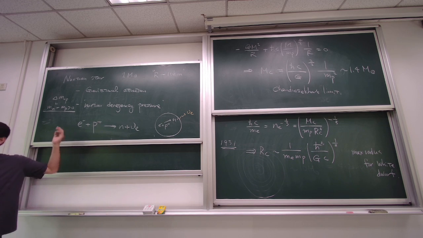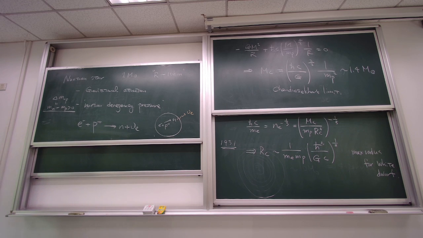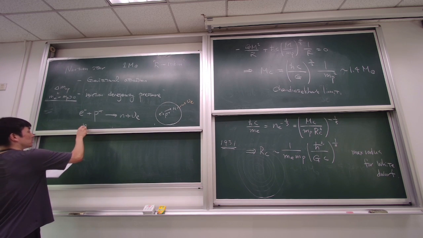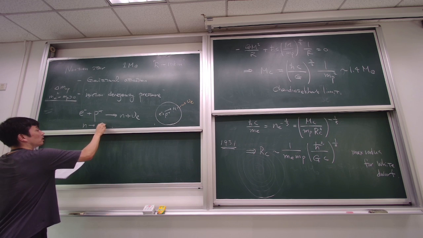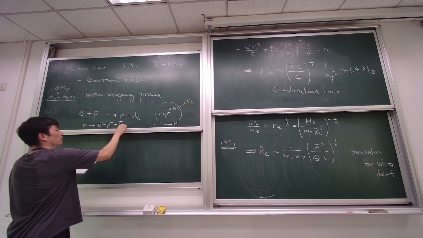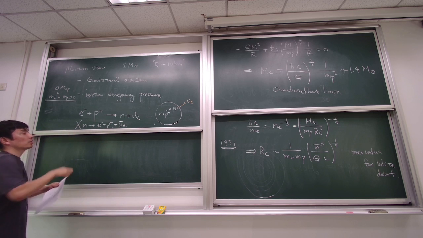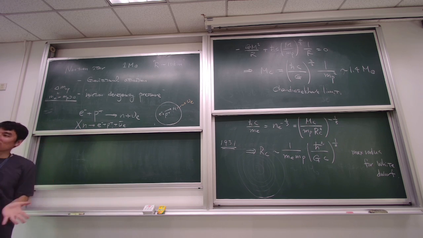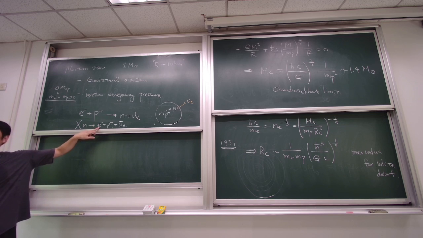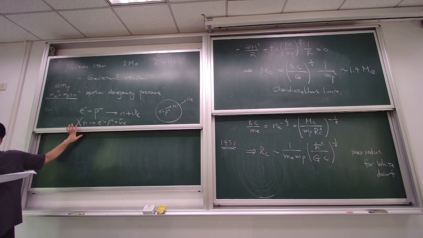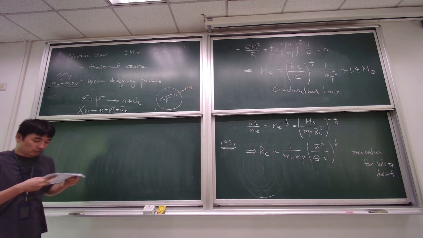So the reverse process will be prohibited, and also this process, n going to p plus e plus nu bar e, does not occur. If you make a rough estimate, the electron degeneracy will already form a Fermi sea, and this one does not occur because of the Fermi statistics of electrons.